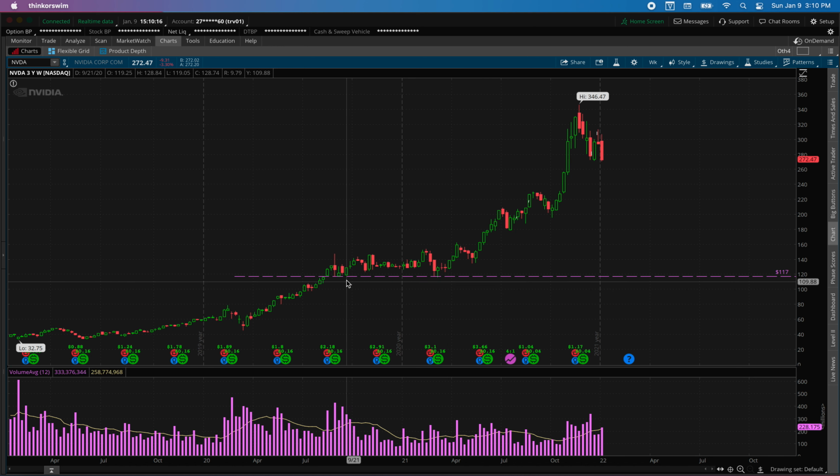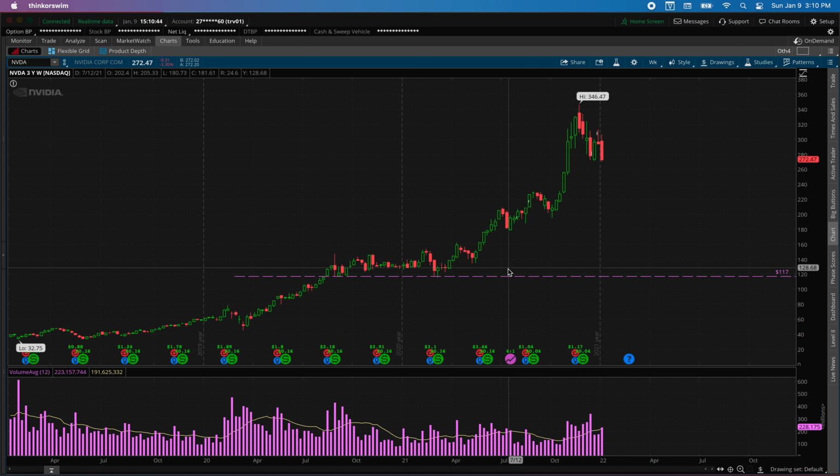Basically, you want to see that happen a minimum of 2 times. In this instance, it actually tested that level several times. Since this is a weekly chart, it retested this level for about 3 weeks and then finally made a move up. Then it retested this level for 2 weeks and had another move to the upside. So there's my 1 touch, 2 touch. I'm going to keep that level marked up.